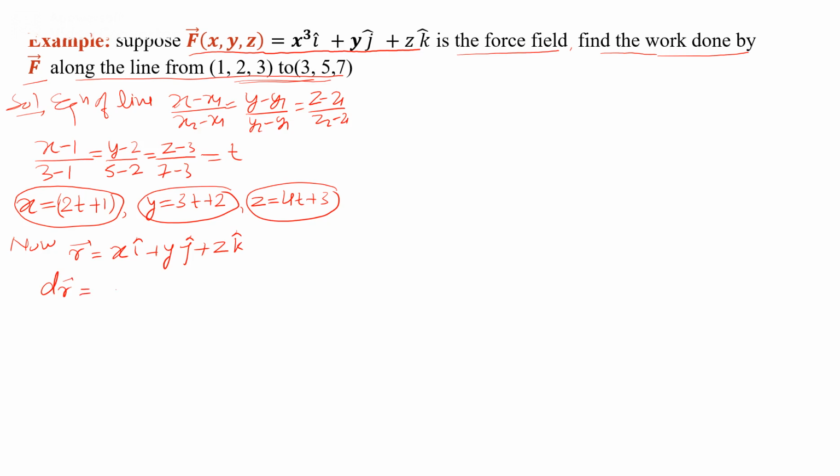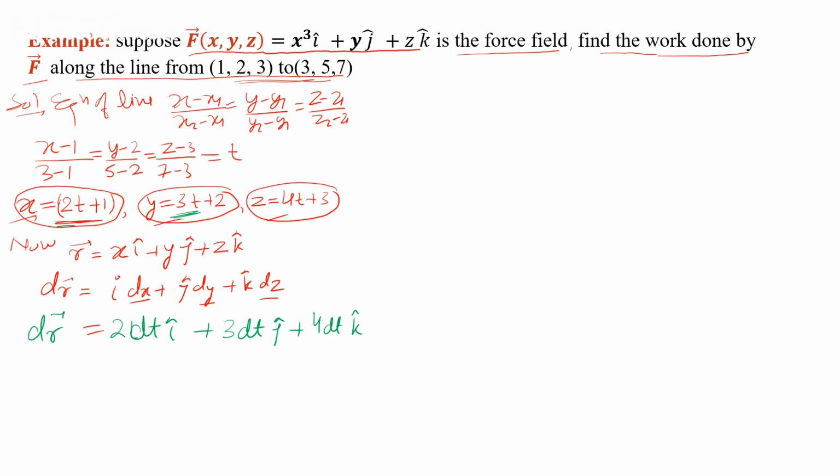We take the differentiation, so we write i dx, j dy, k dz. Now the values of dx, dy, dz we can get by taking the derivatives of x, y, z. The derivative of x is 2, so we write 2 dt i, the derivative of y gives 3 dt j, and 4 dt k.